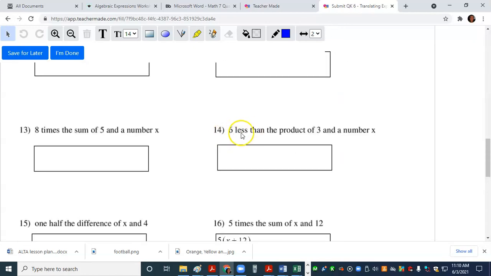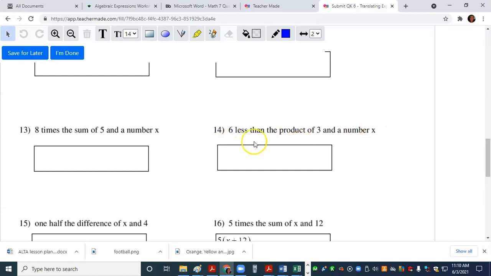This is a tricky one too. 6 less than the product of 3 and a number x. Product means multiply, but remember that than flips the order. So I'm not going to start with 6. I'm going to start with what's after the 6, because less than means subtract from. So I'm going to subtract 6 from the product of 3 and a number x.